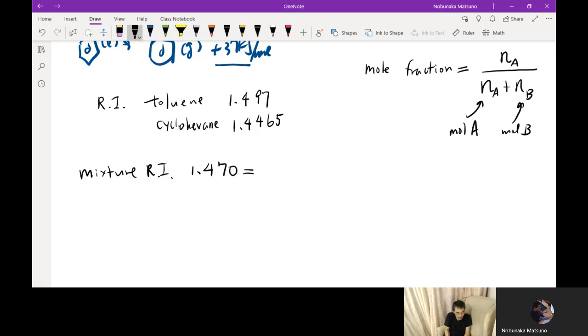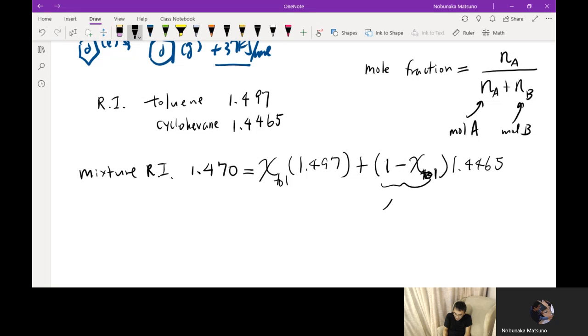So the mixture's refractive index is equal to the mole fraction of toluene times 1.497, plus 1 minus the mole fraction of toluene times 1.4465.